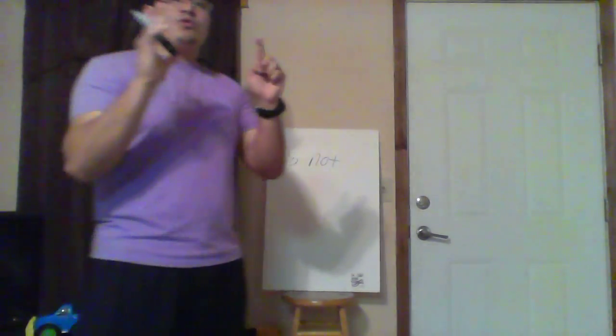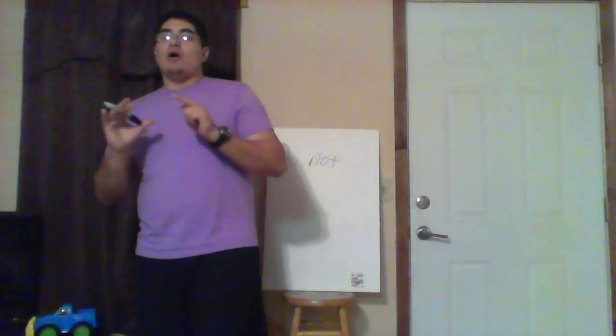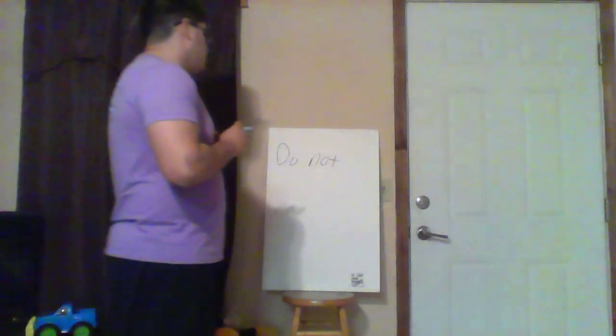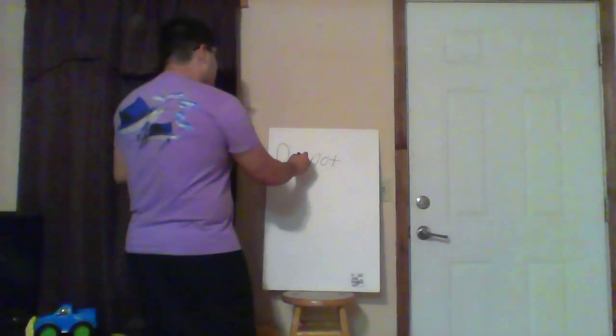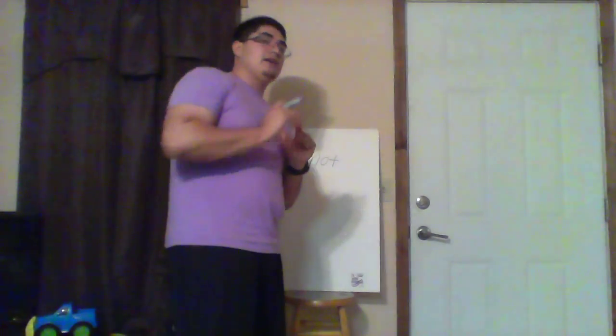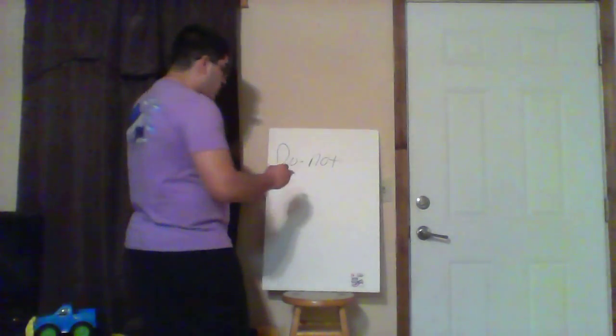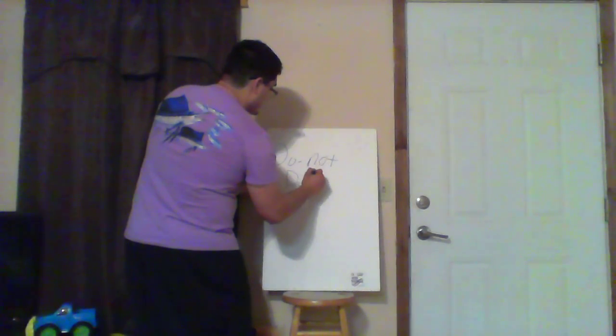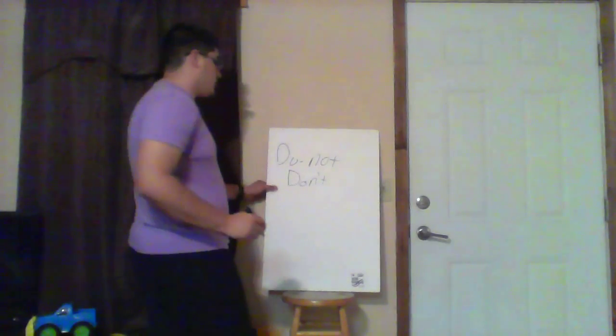When we make it into that one word, that is a contraction. How would you put them together? Alexandra. Put a dash in between them? Good idea, but that is not correct. You're going to make do not into one word. You put don't. We use don't.